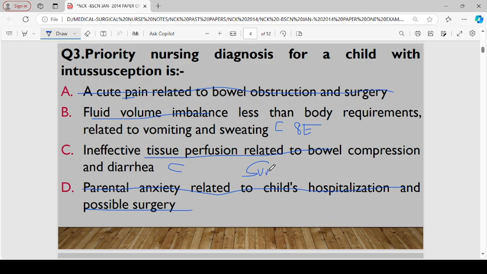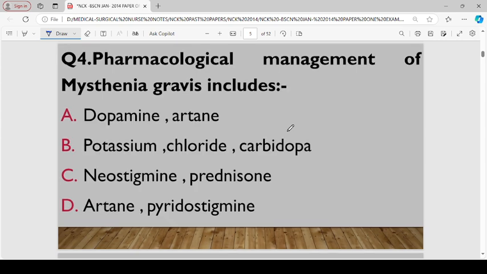I think for us as nurses, we could work with what is more possible for us, and I think this one also has the greatest impact, in that when you try and work on vomiting and sweating, this can restore or correct electrolyte imbalance. Also, the fluid, again, you work on it, which is going to affect the circulation. So if you address this one, you'll be solving at least one of the main problems for this patient. So B is the best answer for us here.